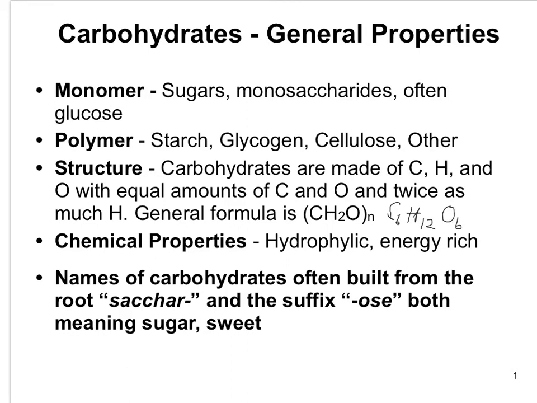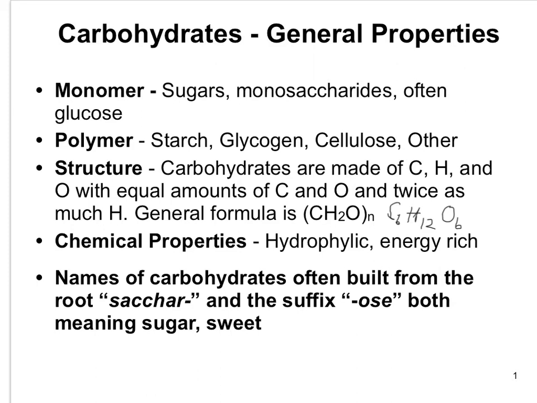Right? So the same amount of carbon and oxygen and twice as much hydrogen. The chemical properties of carbohydrates, they're hydrophilic, they combine well with water, and they are energy rich, which is a lot of what your body uses them for.